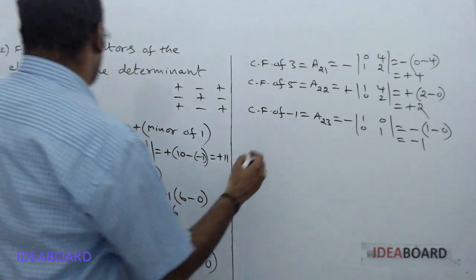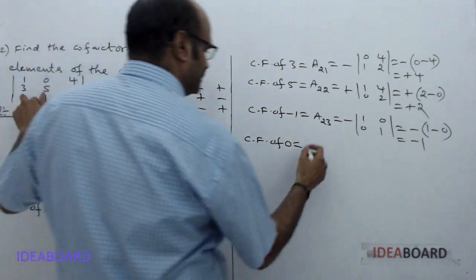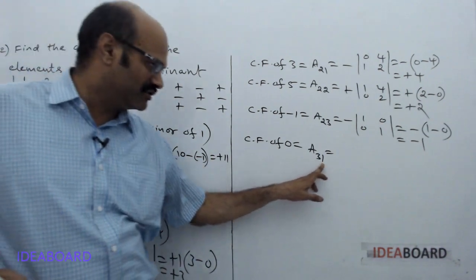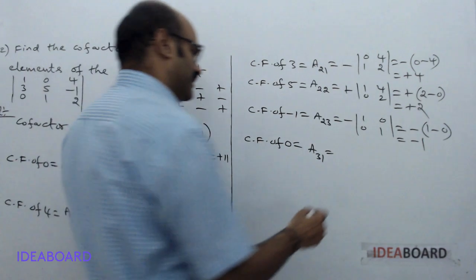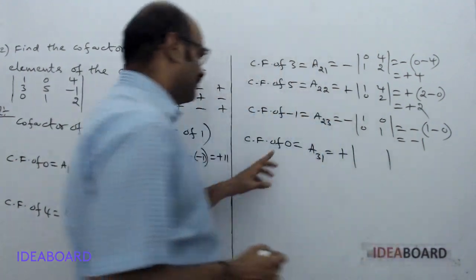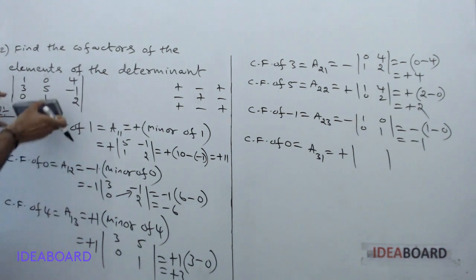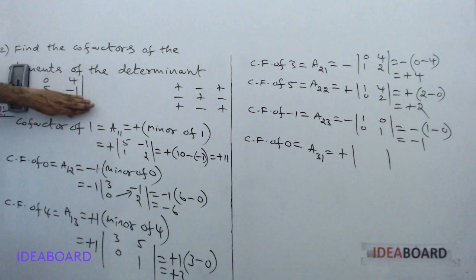Next, cofactor of 0 equal to A31. A31 means minus 1 whole power 3 plus 1, minus 1 whole power 4, plus only. So plus into minor of 0. So the element 0 lies in third row and first column.